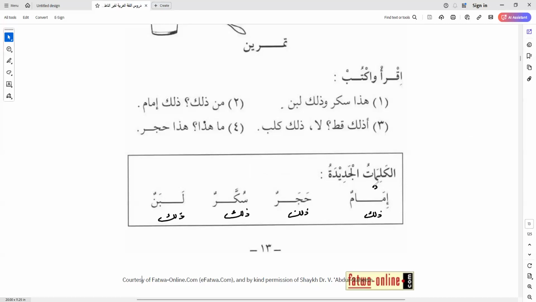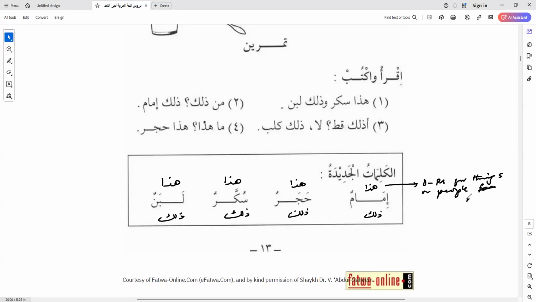Or we can say هذا إمام, هذا حجر, هذا سكر, هذا لبن. So هذا is a demonstrative pronoun for things or people near us. They're standing right by us here. And then we have a demonstrative pronoun for things or people far away from us.